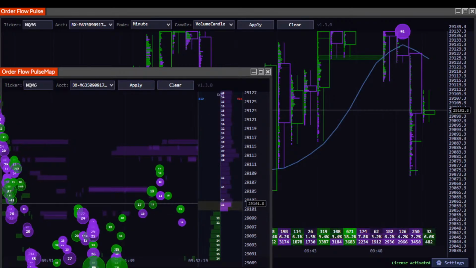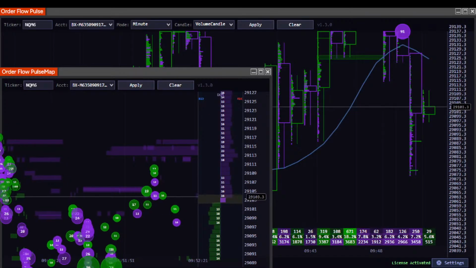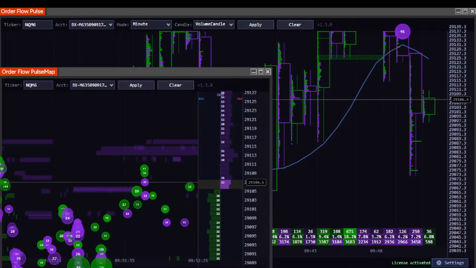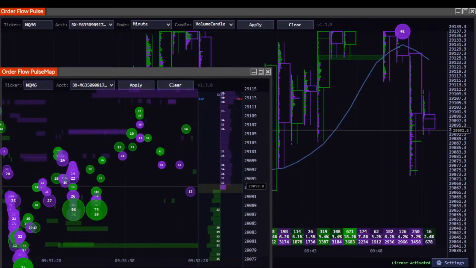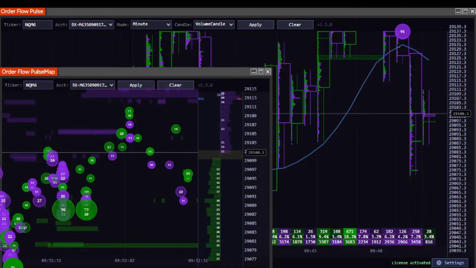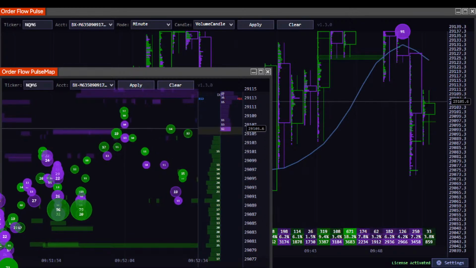Let's see what we can do. Range scalper. Let's do 3 and 2. Oh, area high.